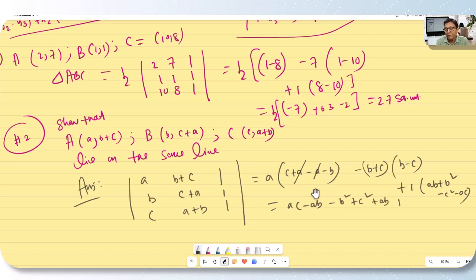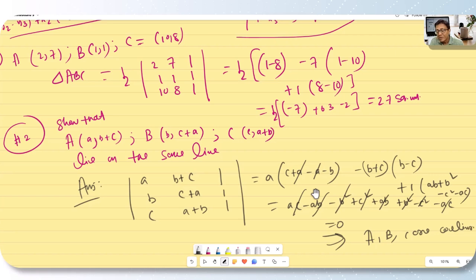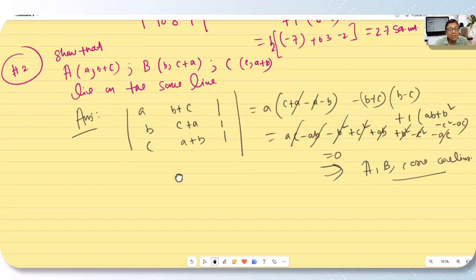Plus AB minus AC. So minus AC plus AC get cancelled, AB minus AB get cancelled, value is equal to 0. So this implies that A, B, C are collinear. This is a common problem. We'll do it by using properties also. It comes nicely. Here we have just expanded.